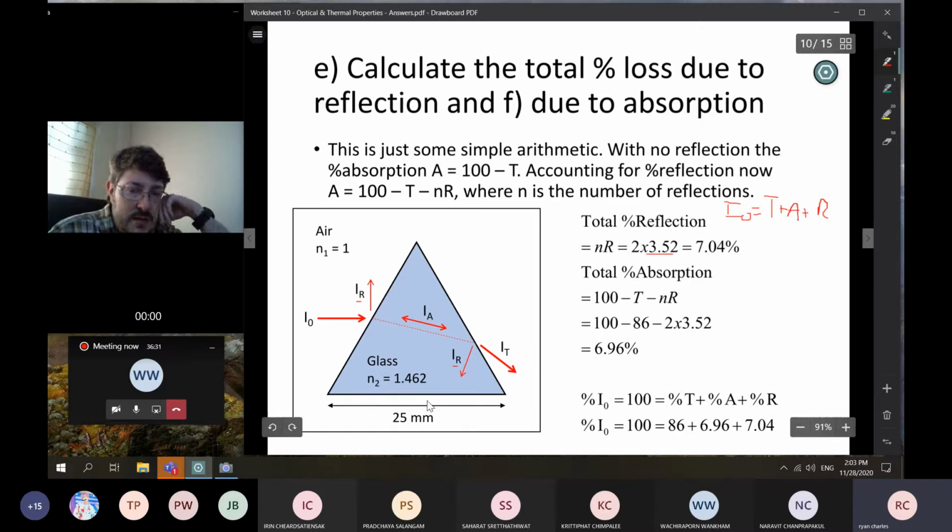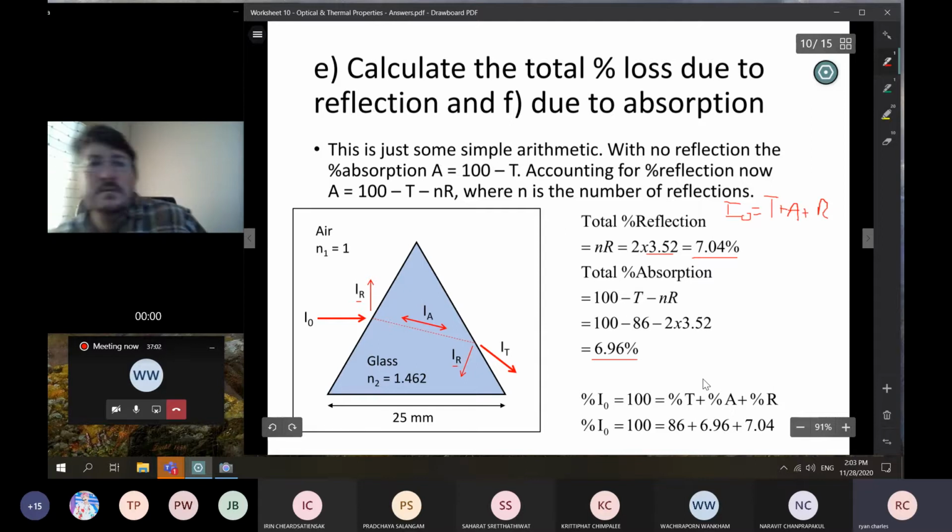It's the same reflection. So the total reflection was 7.04%. So the total absorption would be 100 minus 86 minus 7.04, which is 6.96%. And we could add them back up to check: 86 plus 6.96 plus 7.04 is 100.